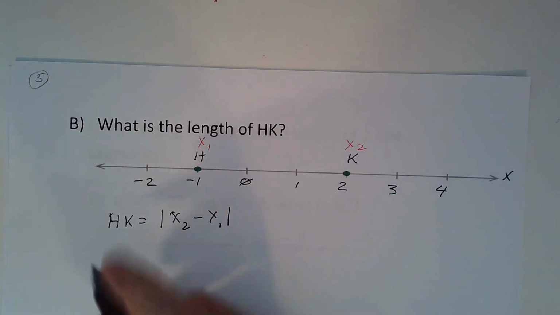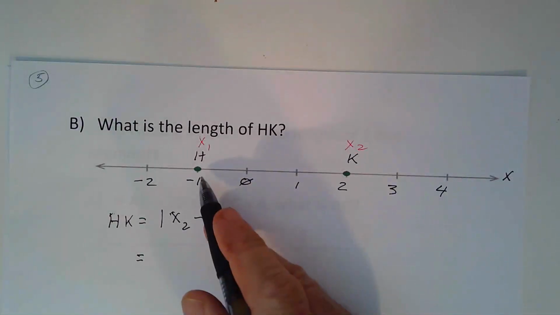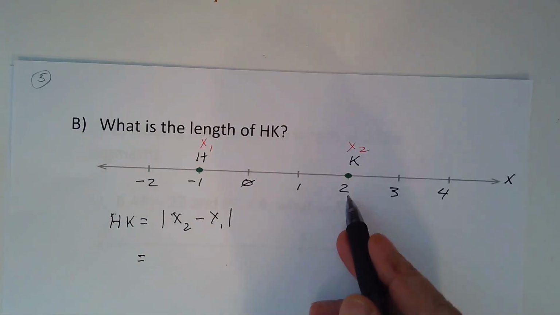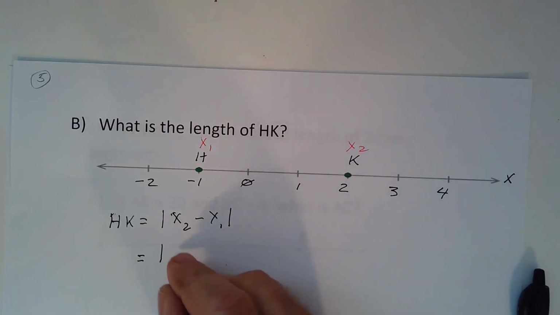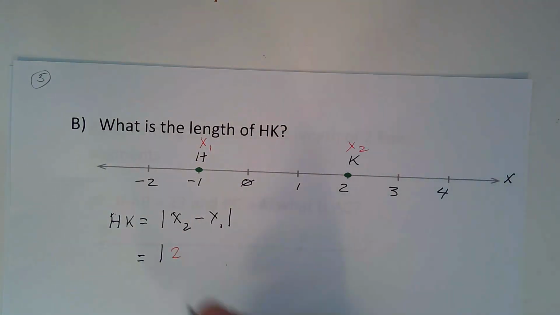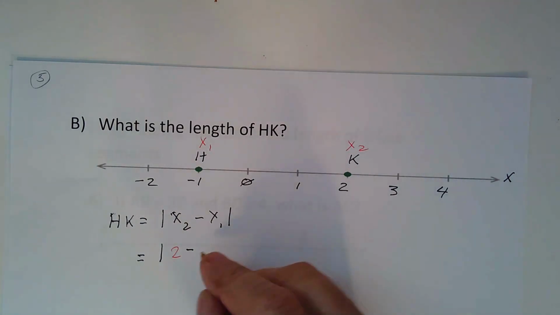So having said that, x sub 2 is 2, so we're going to do the absolute value of 2 minus, and then we've got negative 1 here. So to deal with that, we've got to put it in parentheses.